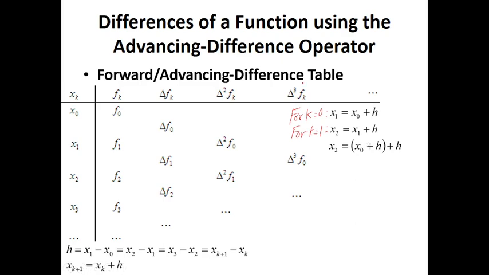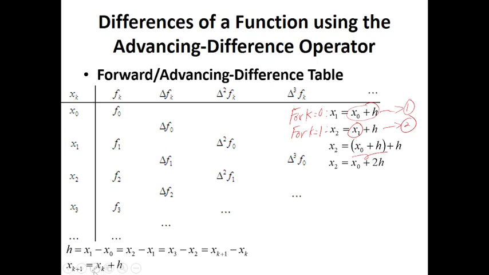From the first equation, x sub 1 can be replaced by x sub 0 plus h. So this is now the replacement. We replace x sub 1 by x sub 0 plus h, and we simplify: x sub 2 equals x sub 0 plus 2h.